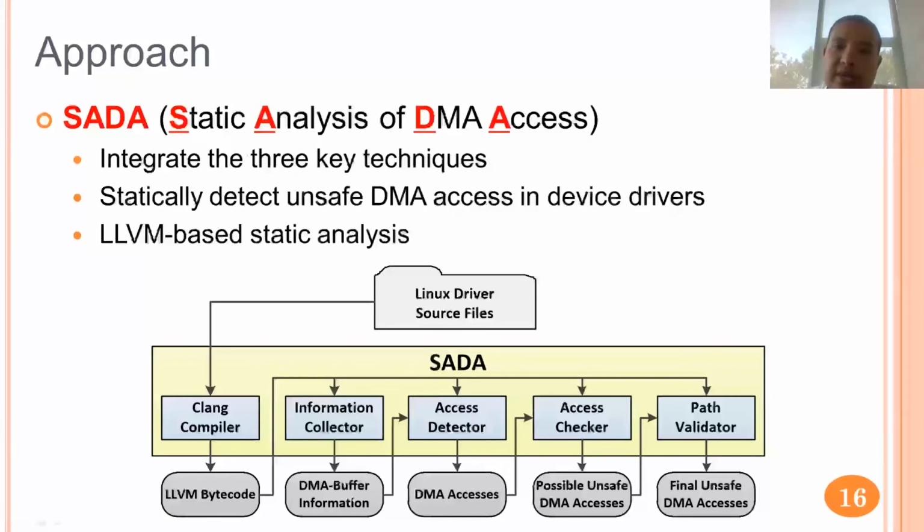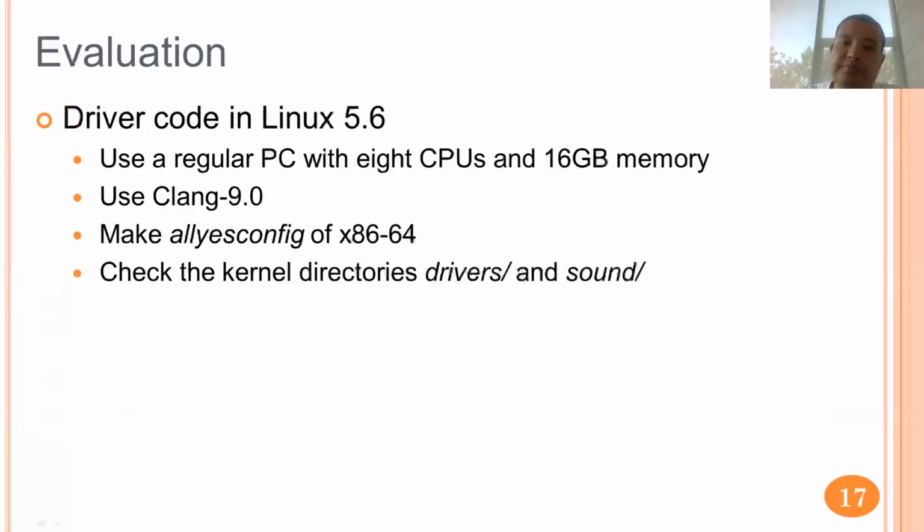Based on the key techniques, we propose a new approach named SADA to statically detect unsafe DMA access in USB drivers. We have implemented SADA with the Clang compiler, and SADA performs static analysis on the LLVM bytecode. In the evaluation, we use SADA to check the driver code.